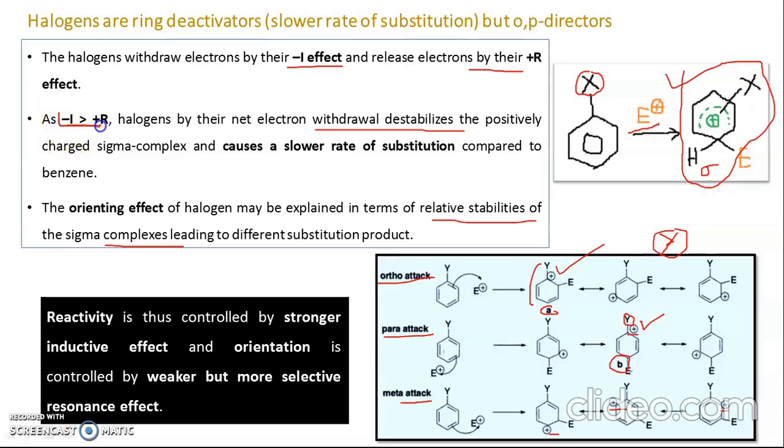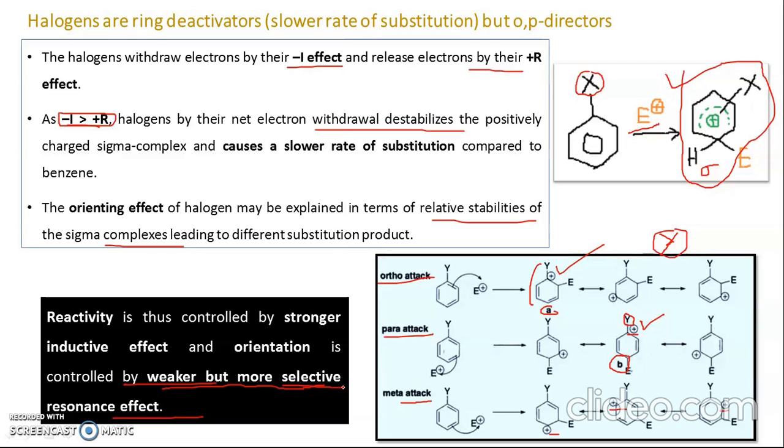We have written that minus I is winning over plus R, that plus R is weaker, but it is more selective, it is showing a more selective resonance effect. For activation we considered that minus I is greater than plus R, but when we are talking about orientation, it is controlled by the weaker but more selective resonance effect.